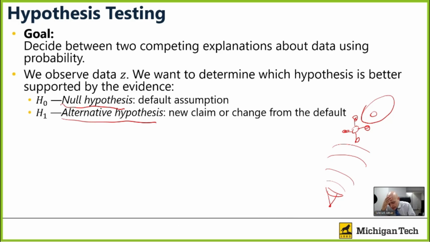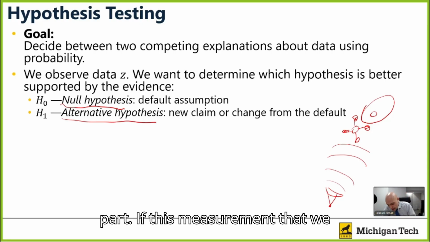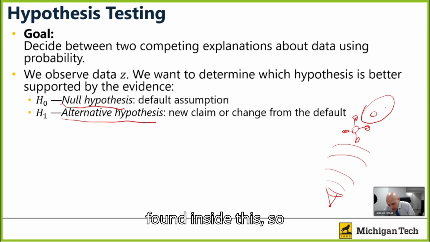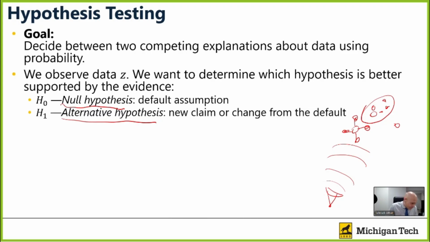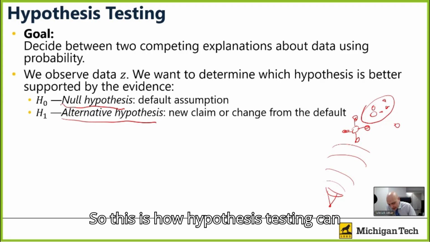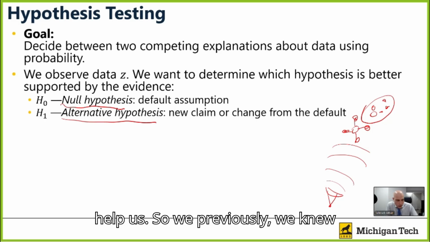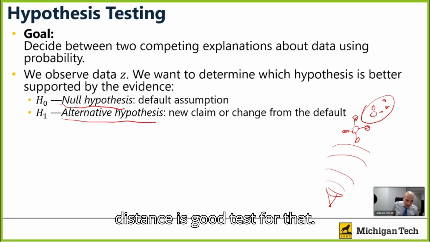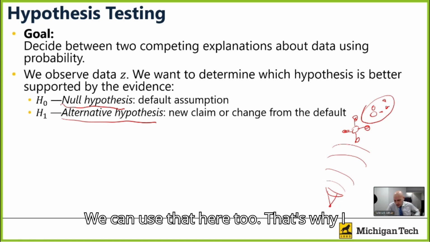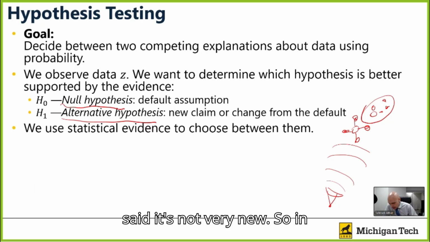If the measurement that we found is inside this, so it's okay. If it's outside, outlier. So this is how hypothesis testing can help us. Previously we knew, for example, Mahalanobis distance. Mahalanobis distance is a good test for that. We can use that here too. That's why I said it's not very new.